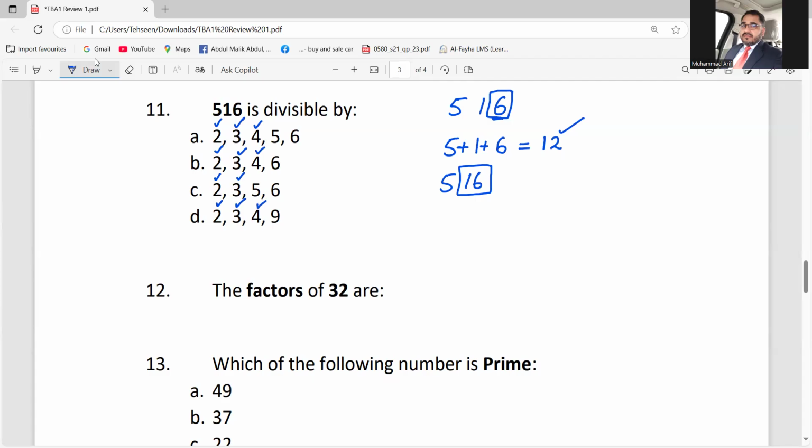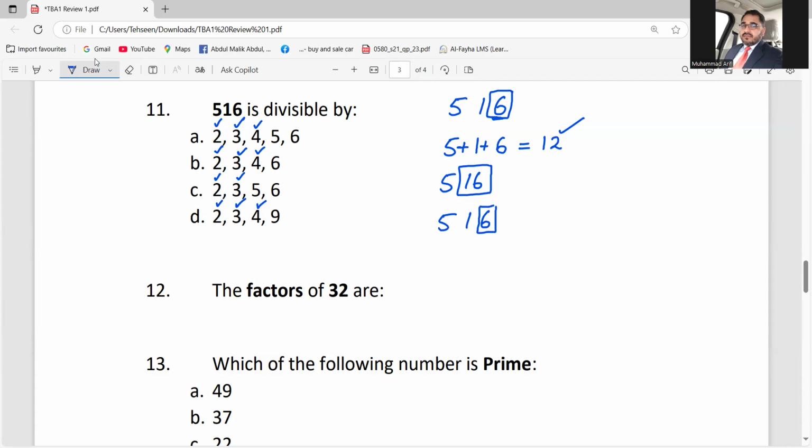Now after 4 there is 5. As the number is 516, every number is divisible by 5 if its ones place is 0 or 5. Here the ones place is 6, neither 0 nor 5.